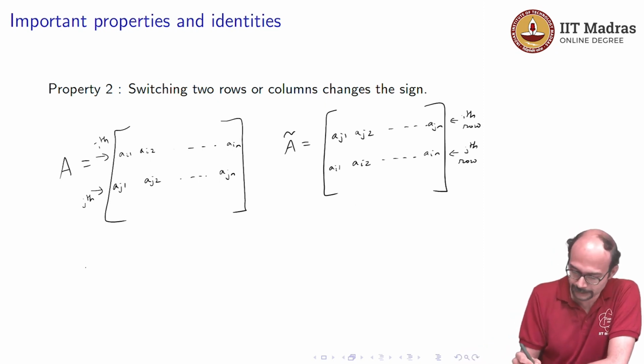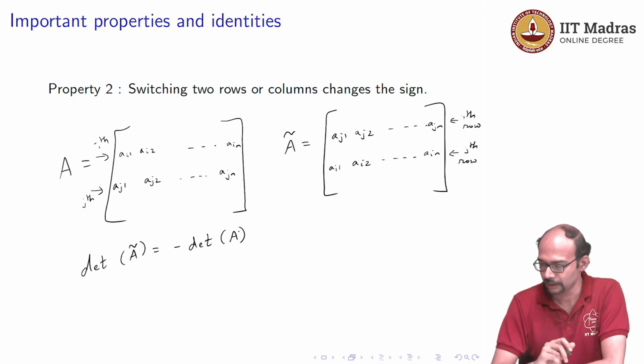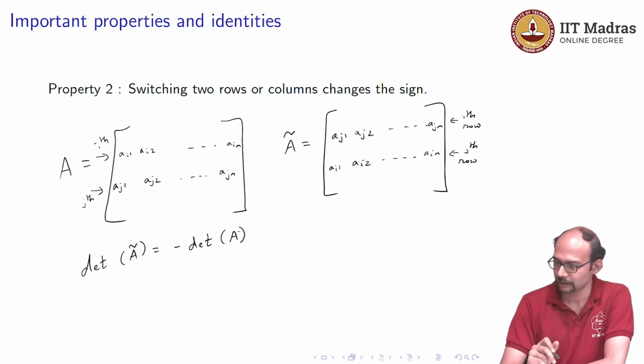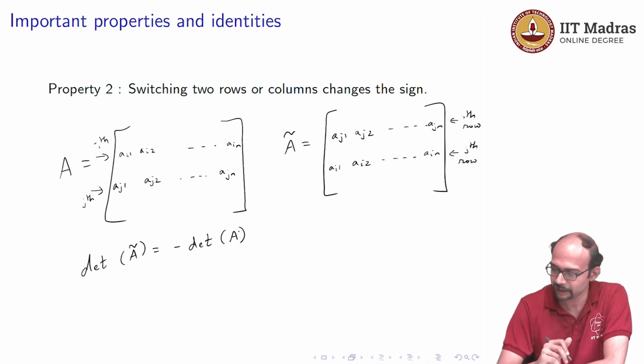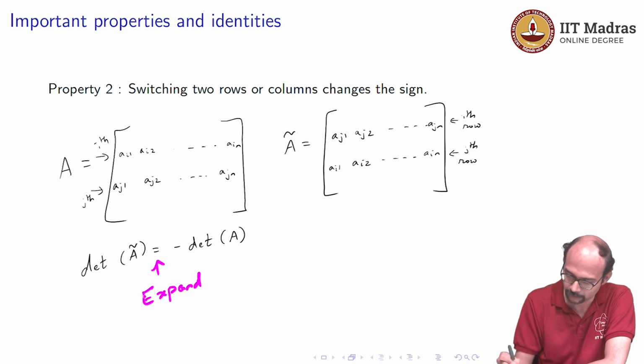Okay, so then determinant of A tilde is minus determinant of A. Okay, how do we get this? So again the idea is to expand along the ith row and then use induction.